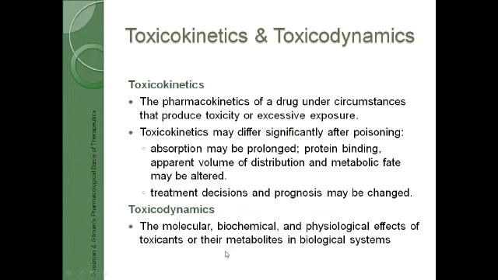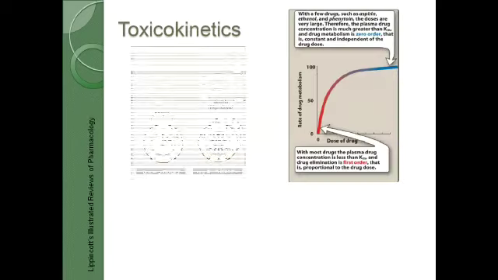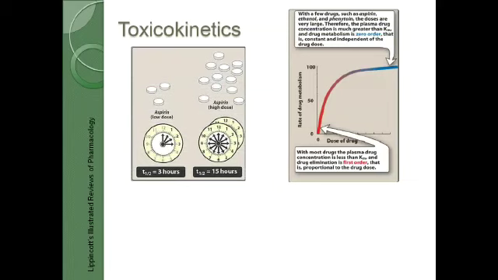What is toxicodynamics? It is the molecular, biochemical, and physiological effects of toxicants and their metabolites in biological systems. So let's have a look at the example of aspirin. Aspirin, if taken at low dose, has an elimination half-life of 3 hours.